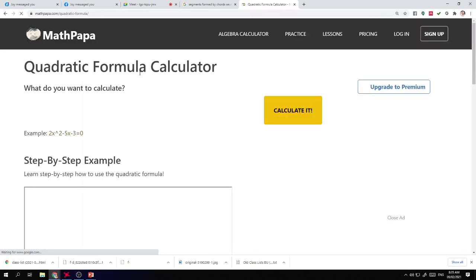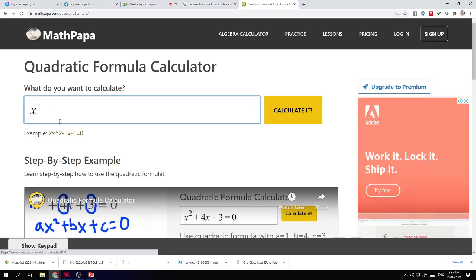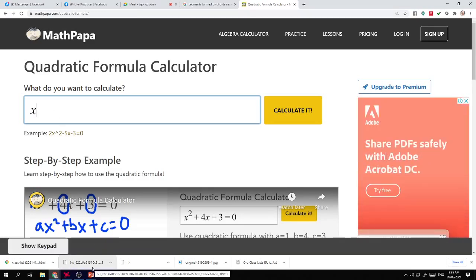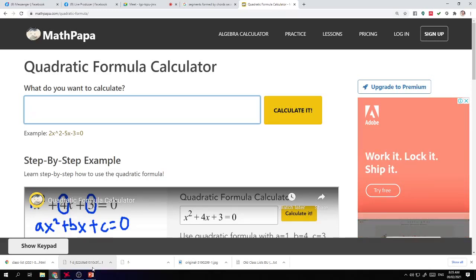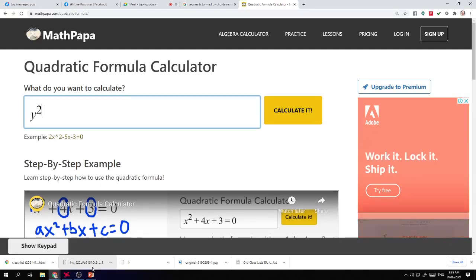So, let's encode. What is our equation, section zircon? We have x squared, y squared. What's the exponent? 2.